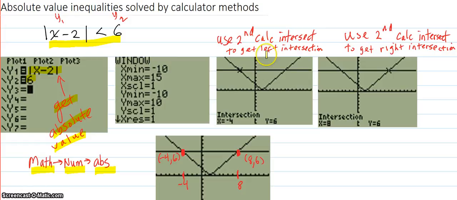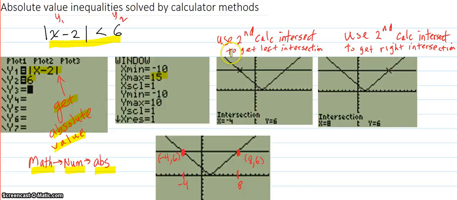Also, you want to fool around with the window a little bit. I set the upper bound to 15 so I could see all the nice intersection points on the graph. I didn't need as many negative y's down here.